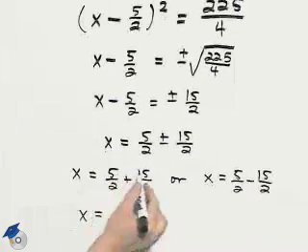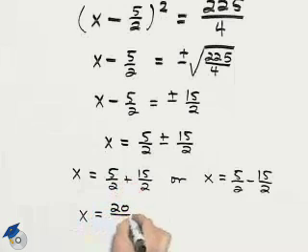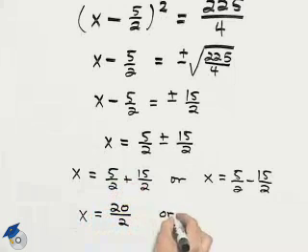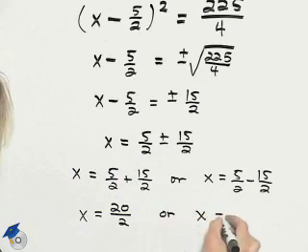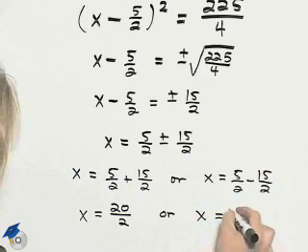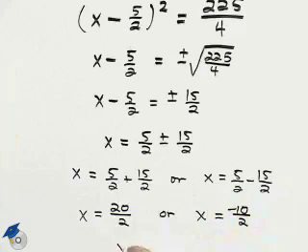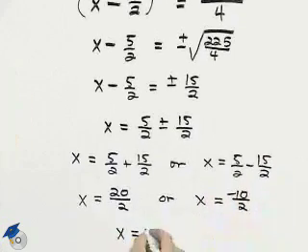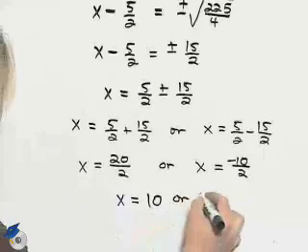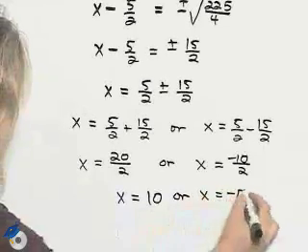So we'll have 5 plus 15, or 20/2 for the first part of this. And for the second part, 5 minus 15 is negative 10/2. That, of course, reduces to x equal to 10, or x equals negative 5.